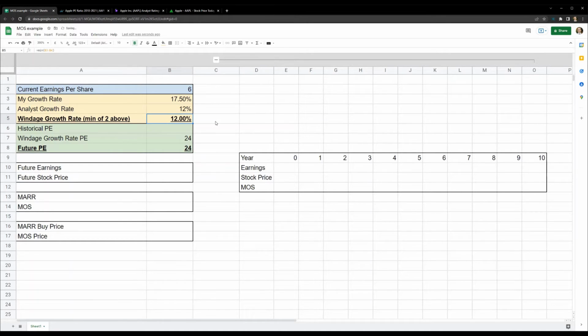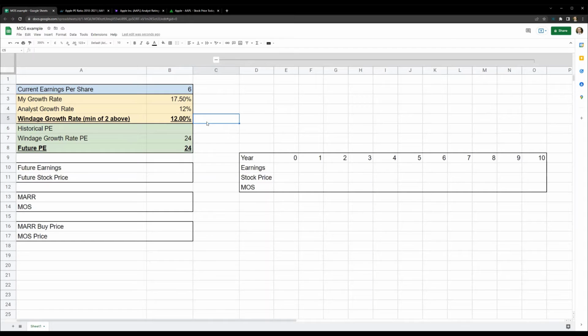What we use for this windage growth rate is the minimum of the two, so we build in a level of conservatism. We're already undercutting the growth rate that I had predicted from my research by using the analyst estimate.